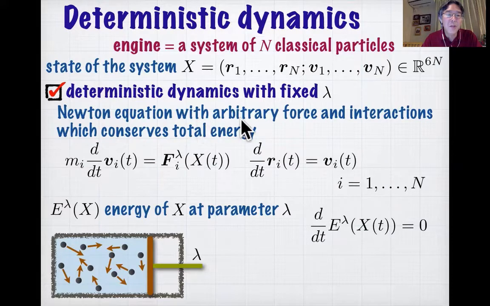This is simply the Newtonian equation with arbitrary force and interaction, which conserves total energy. So this is just the Newton equation. And I assume that there is an energy function, and it depends on the parameter, and of course it's a function of this coordinate x, and it is conserved, okay? So of course this x of t is the solution of this Newton equation, and energy is conserved. Very standard.